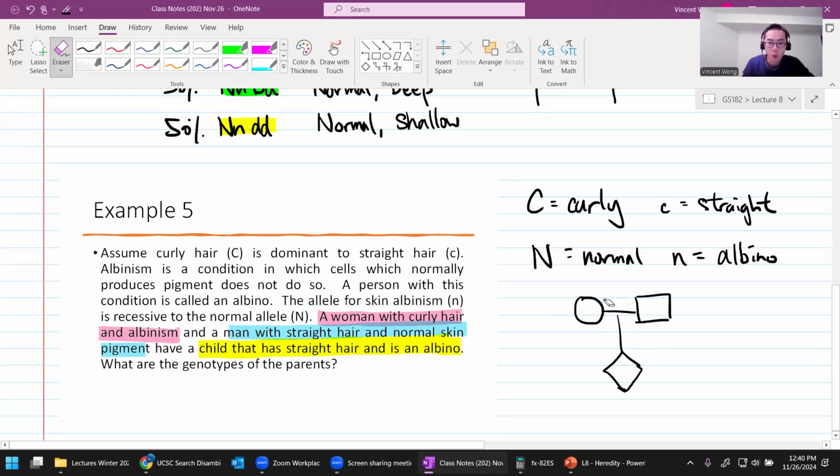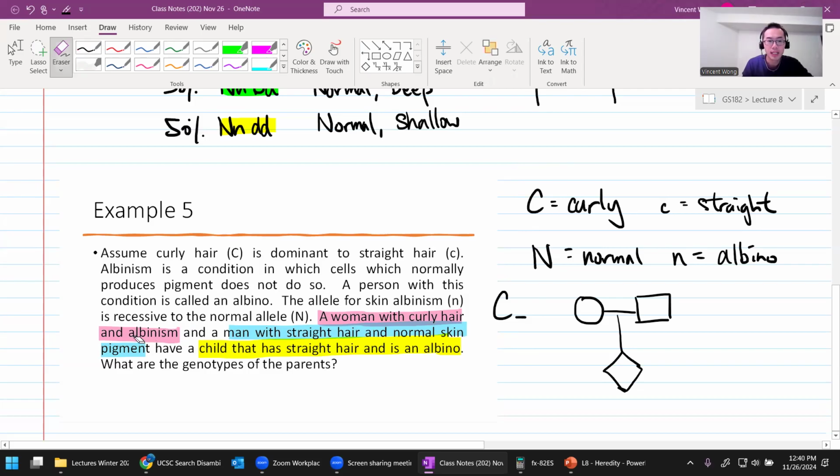So let's start with a woman. She has curly hair. Curly is dominant, which means one of the two alleles would be capital C. But at this moment, I don't know if she is big C, big C, or big C, small c. So I'm just going to leave it as a blank.